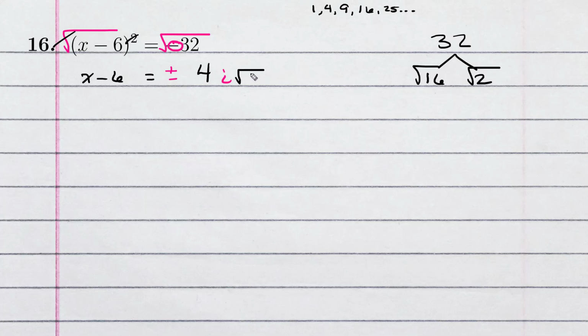Square root of 2, we can't take that square root, so it just stays as is. So now we need to move the 6 over to join the imaginary portion. And so we have x is equal to a positive 6 plus or minus 4i square roots of 2. And our answer is done.